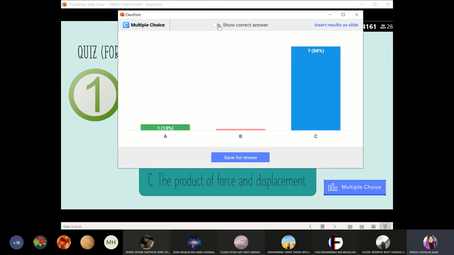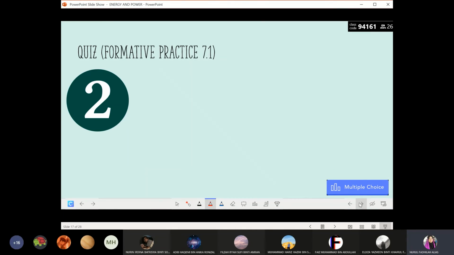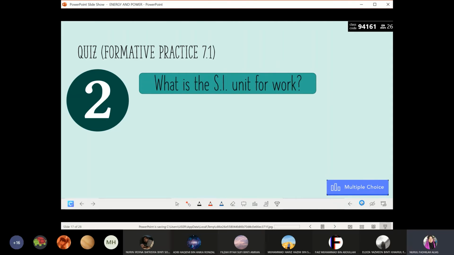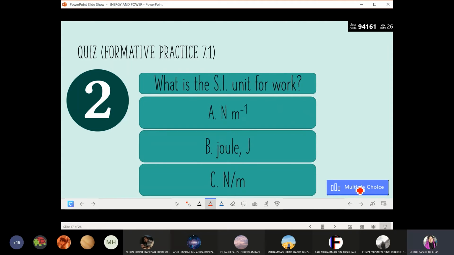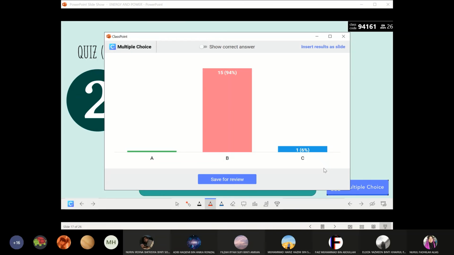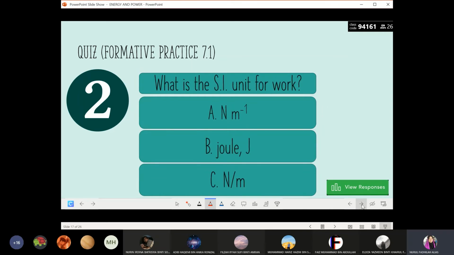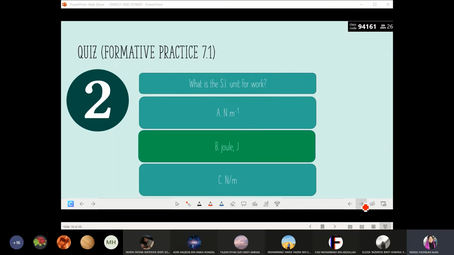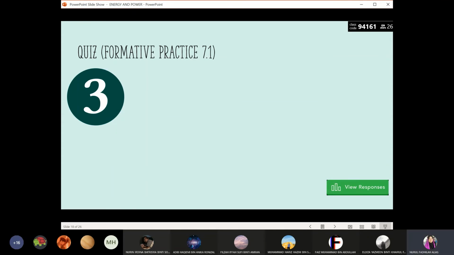What's the correct answer? Okay, so question number 2. What is the SI unit for work? Alright, very good. Most of you got it correct. Only one person got it wrong, but many have not answered yet.